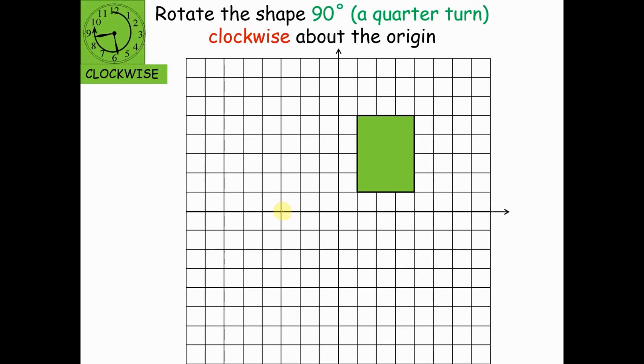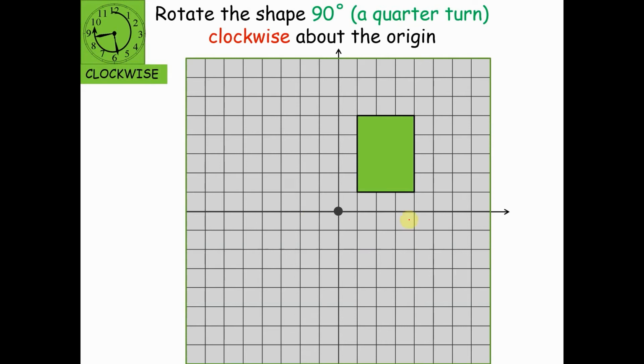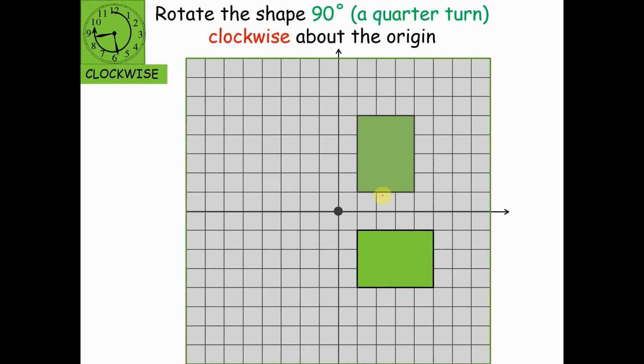The center of rotation is over here. So we're going to copy that shape on the baking sheet and then turn it in this direction. Again, how do you know that we have turned it 90 degrees? When this horizontal line is now vertical, that is 90 degrees.